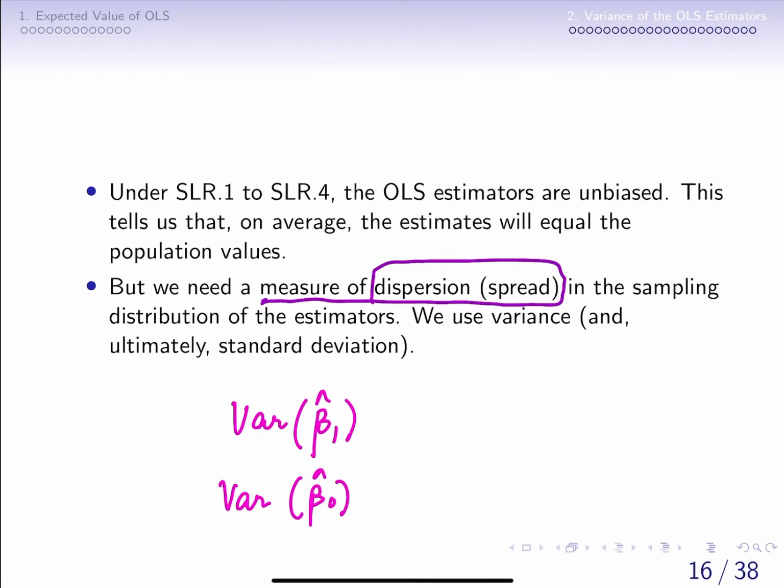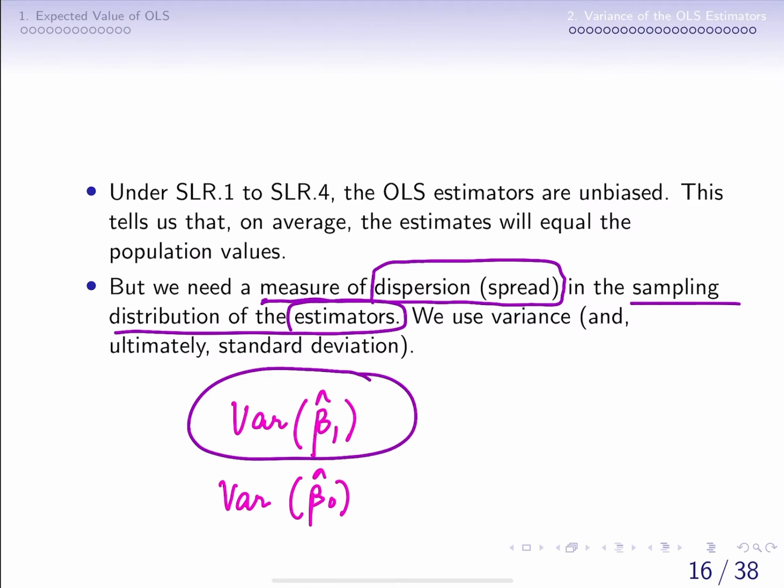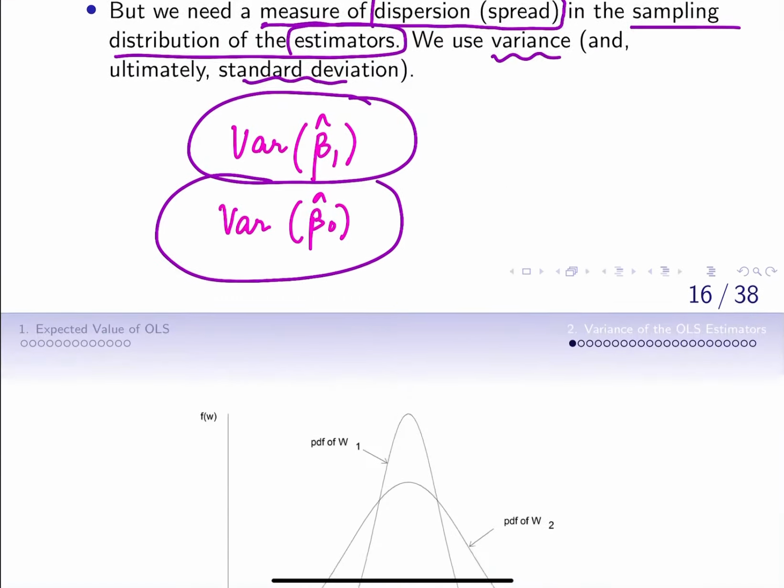We're not interested in the data here, but in the dispersion and spread in the sampling distribution of our estimators. So really we are interested in the variance of beta 1 hat and the variance of beta naught hat. You're going to use the variance and ultimately talk about a standard deviation.